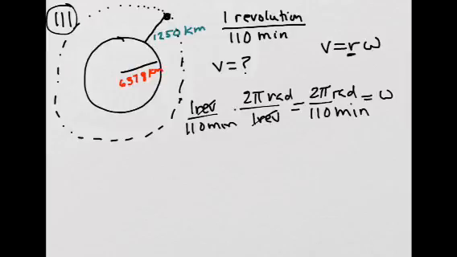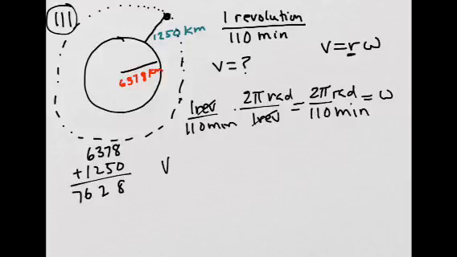We're looking for the radius of the satellite, right? So here's the center. This would be the radius because it's going around here. So the radius that we're going to use is the radius of the Earth plus the distance here. So right here you have the sum of the two.